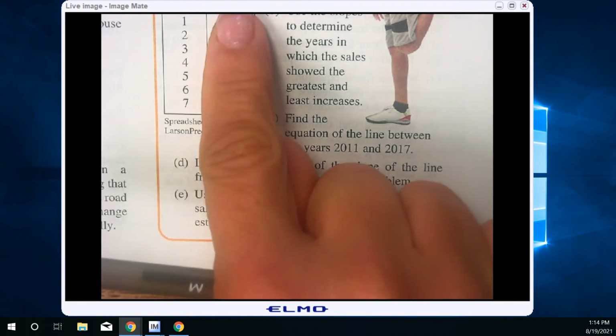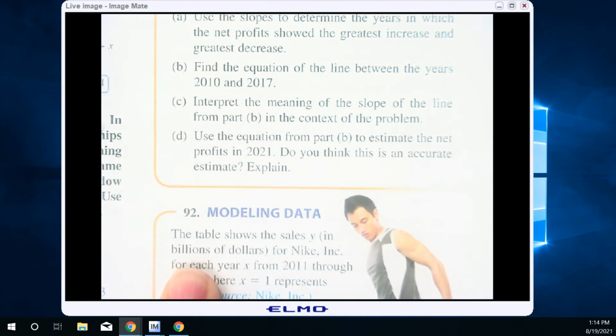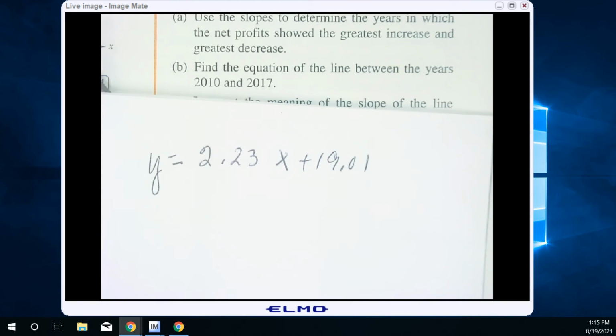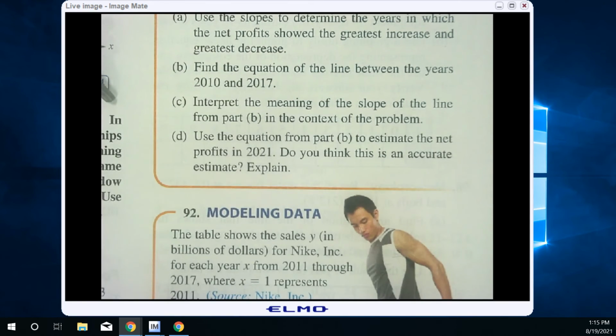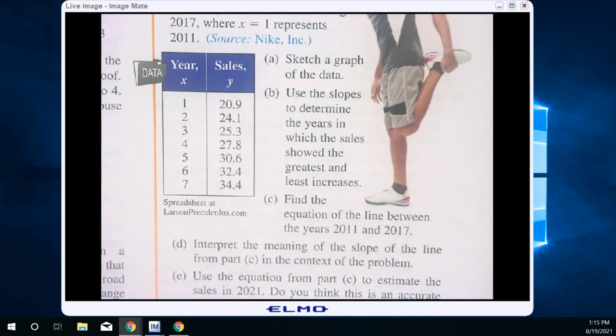This is sales in what? Yeah, billions. So there is an increase of $2.23 billion. Keep going. Per year. Per year, because you're doing it for 1 year. How did I know I was doing it for 1 year? Because it says year right there in the table. Year X.